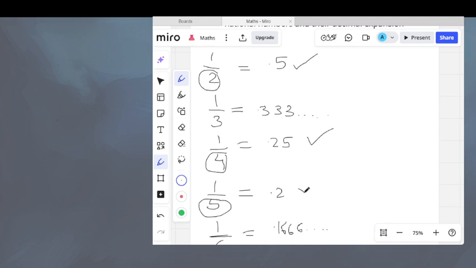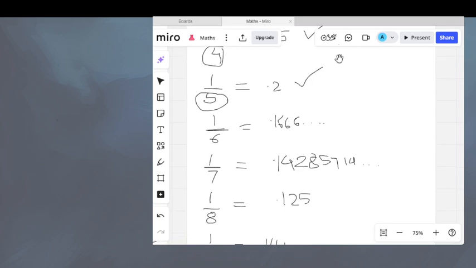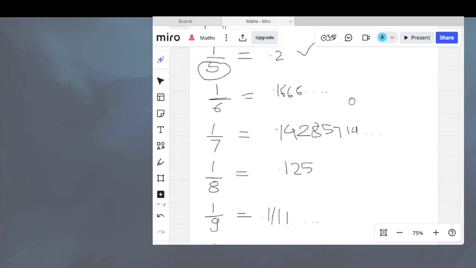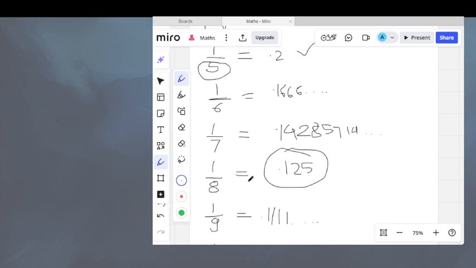So this is also terminating. Here we again have a terminating decimal and the denominator is 8.